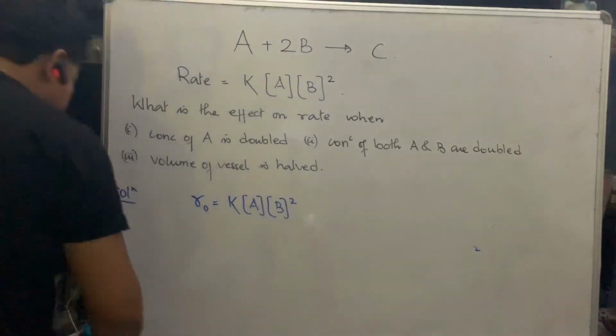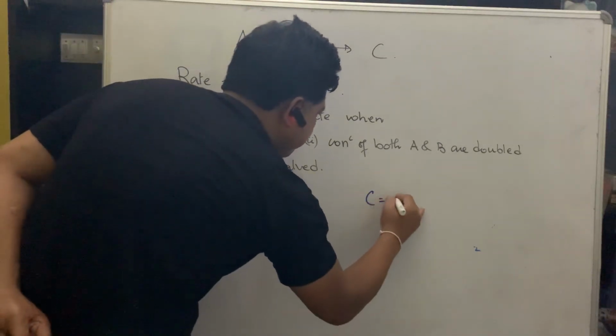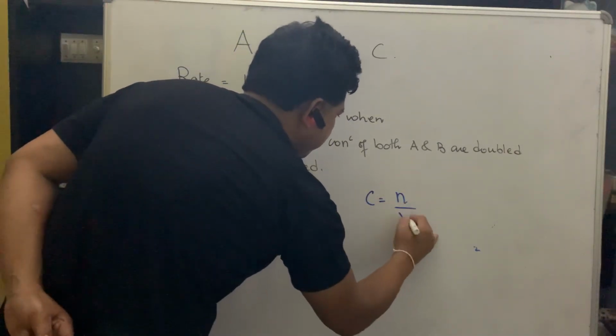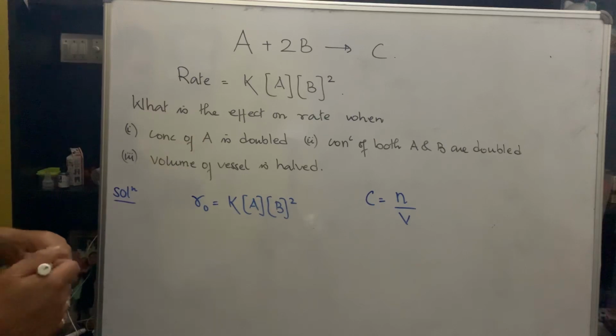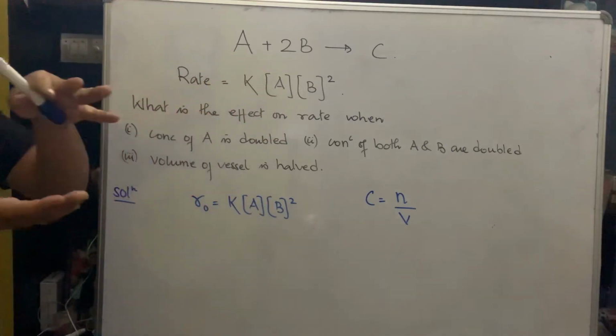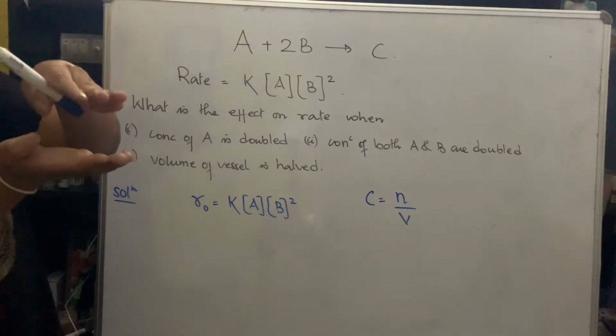So how is volume related to concentration? We know concentration is equal to number of moles by volume. You are reducing the volume of the vessel in which the reaction is taking place by half.